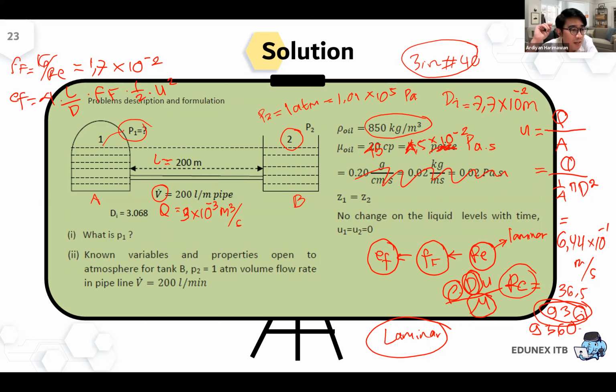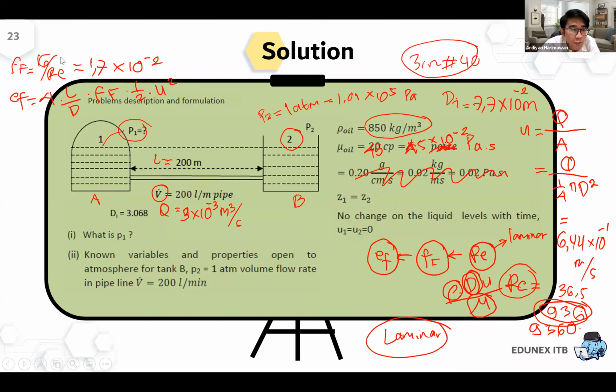Okay, how much is the EF? Don't forget the velocity is squared. And since you are using 16 divided by Reynolds number, when you calculate EF, you still have to multiply by 4.